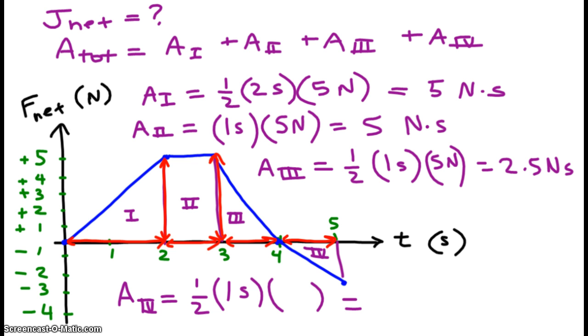Well, notice that the triangle is not going up into the positive half of the graph. It's going down into the negative half. So the height is from 0 down to 2 newtons, and the height then is not 2, but negative 2 newtons. So you multiply this out and we get negative 1 newton seconds.